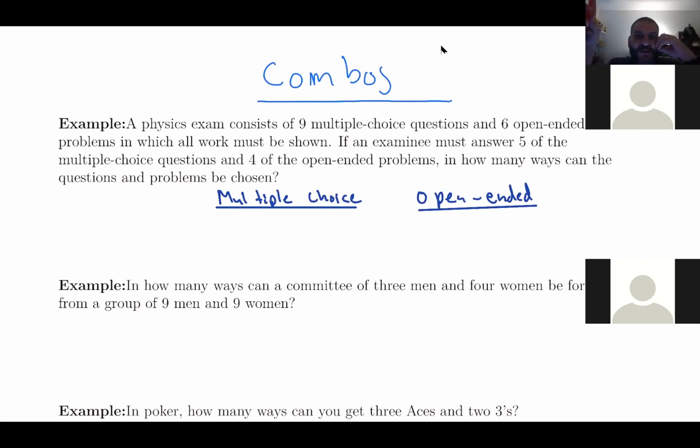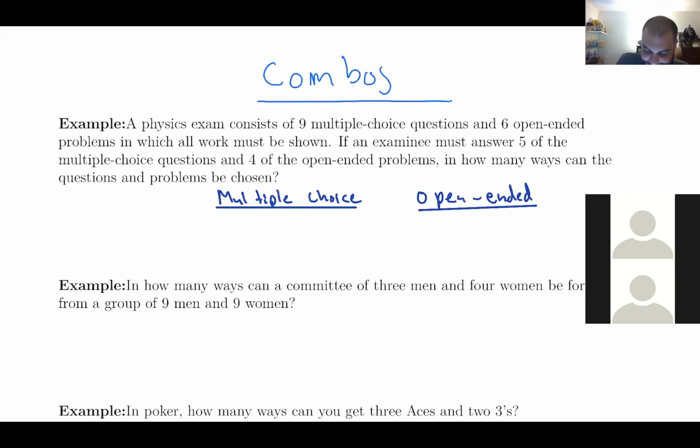For the multiple choice, how many different multiple choice questions do we have? Let me put it in the chat. So we have 9 multiple choice. What about open-ended? How many open-ended questions do we have?